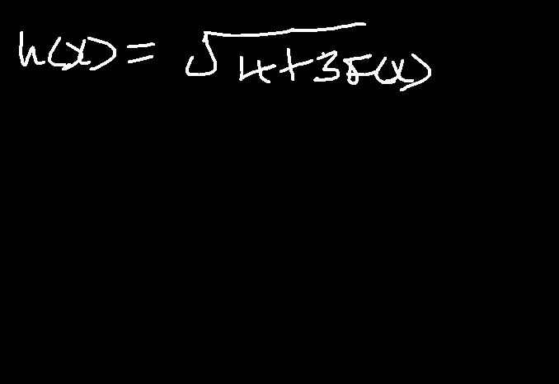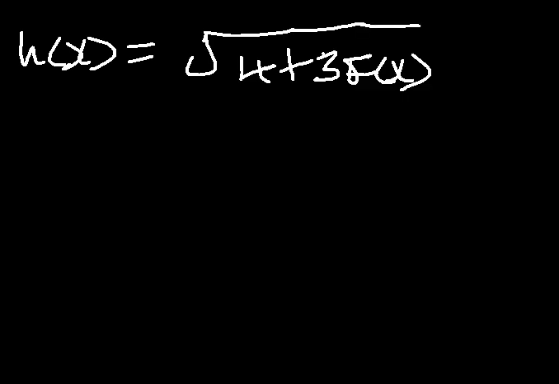Now how about, let's say, if we have another case like this. Let's say we have h of x given as the square root of 4 plus 3 times f of x.